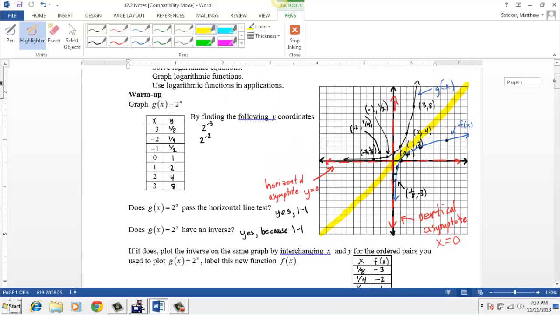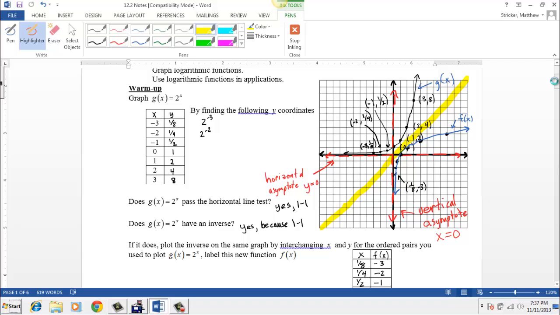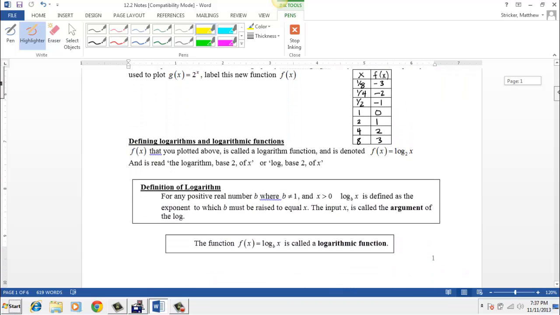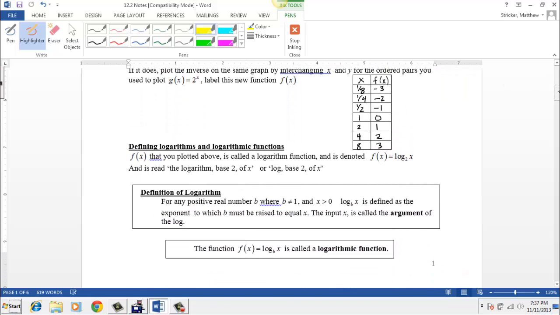So what we really need is a name for this function that is the inverse function of an exponential function. And this is where we get the logarithmic function from. So that f of x that we just plotted above was the inverse function of our original function, which was f of x equals 2 to the x. It was an exponent with base 2.